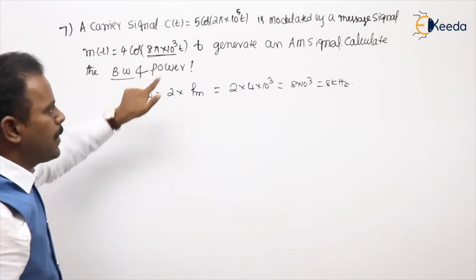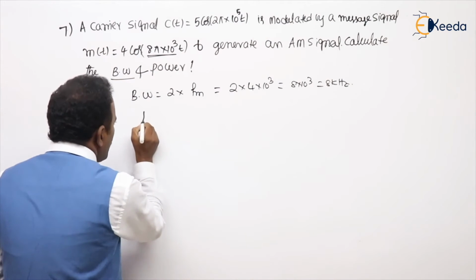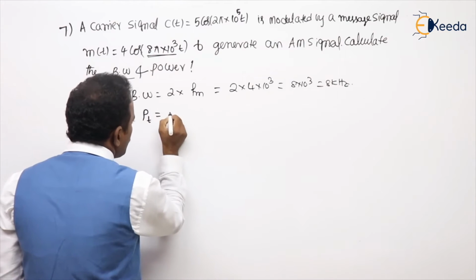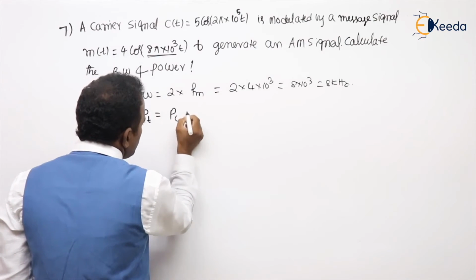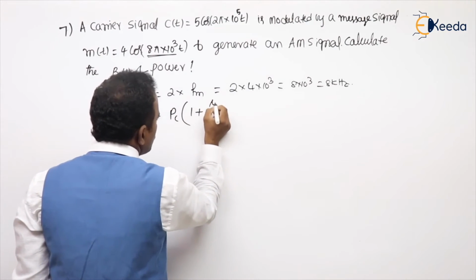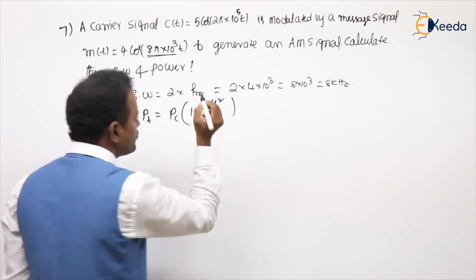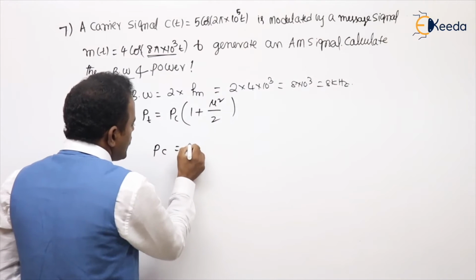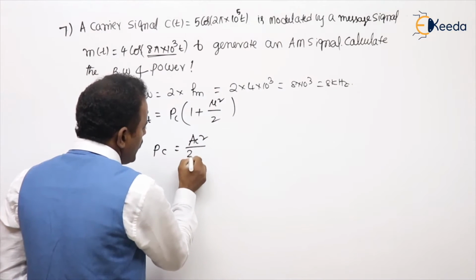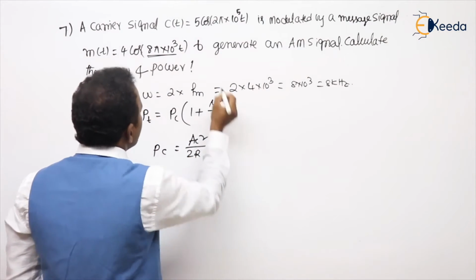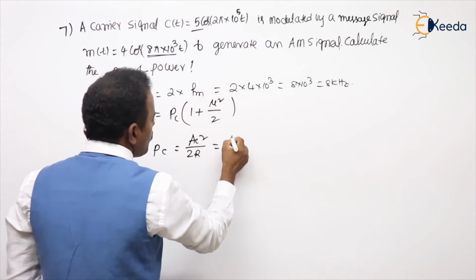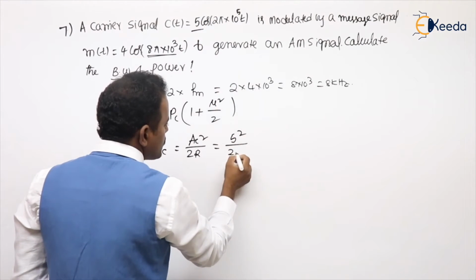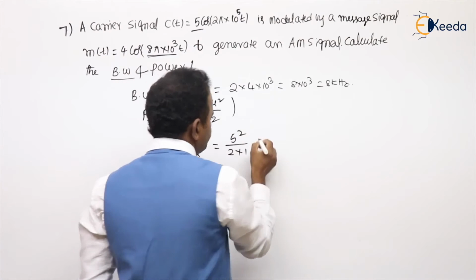Next, what is asked is power. Power of the AM signal. What is the total power formula? PT equal to PC into 1 plus mu square by 2. What is the PC, sir? PC is nothing but AC square by 2R. What is the AC value? Carrier is given, so 5 square. Is any resistance value given? No, so take 1 ohm.